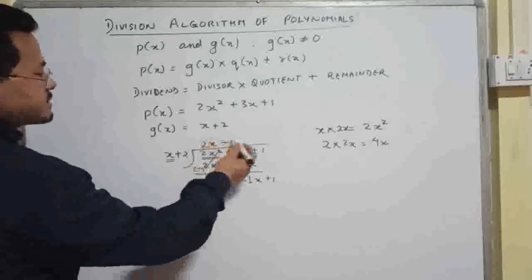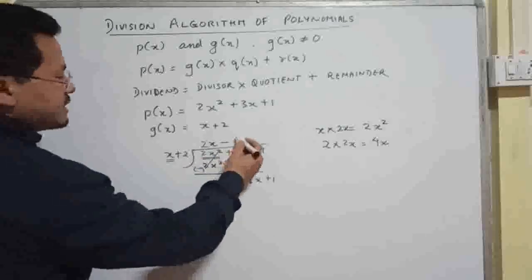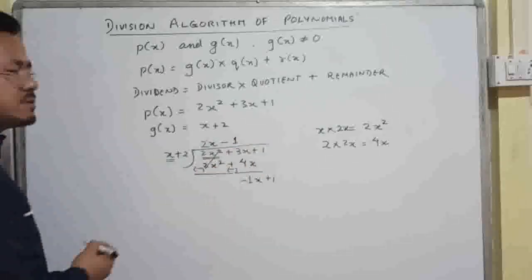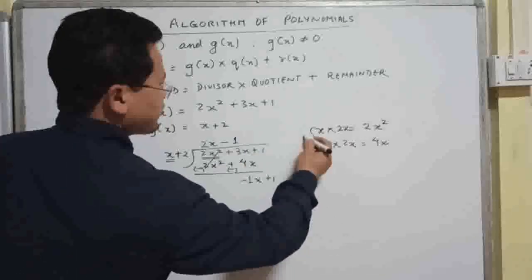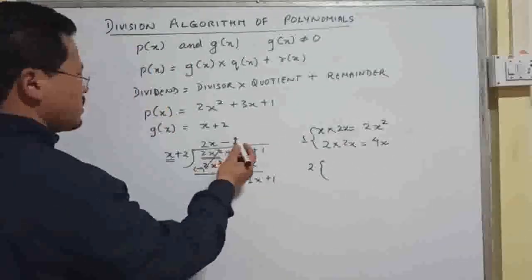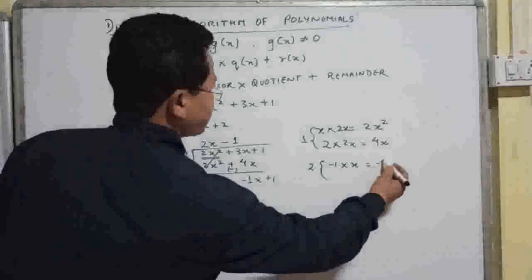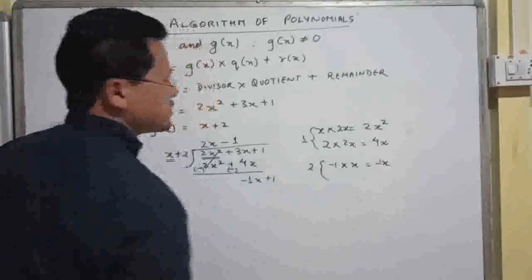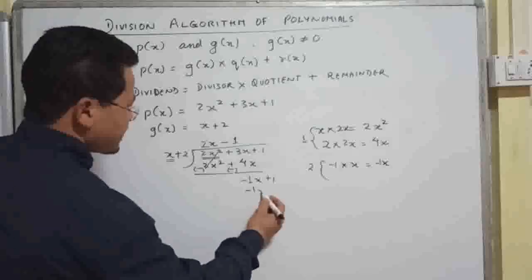So x times something gives us x. That something is nothing but the identity, that is 1. This is the first step. So this is the second step. We have minus 1 into x as minus 1x, or simply minus x.